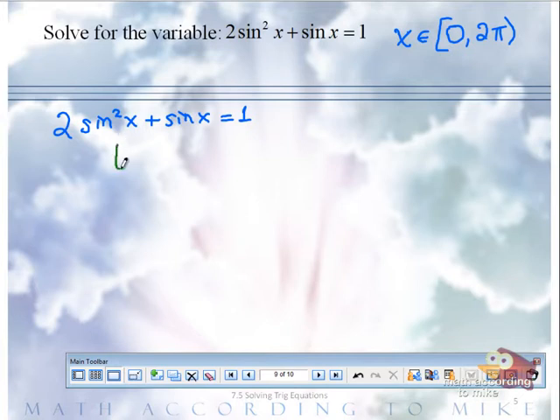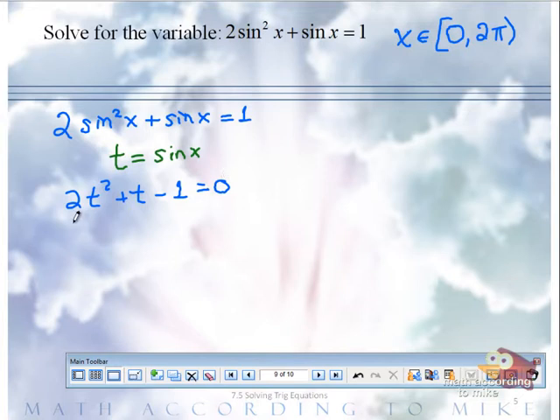So let's suppose we let t equal the sine of x. Well, instead of all those sine of x's now, we could say 2t squared plus t, and I'm going to bring the 1 over, minus 1 equals 0. Well, 2t squared plus t minus 1 factors.